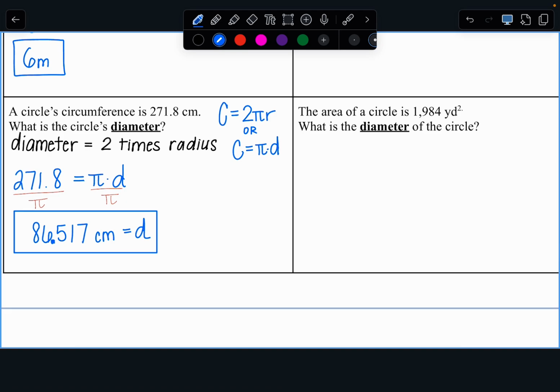What about area? Area equals pi r squared. What we have to do is solve for our radius first.